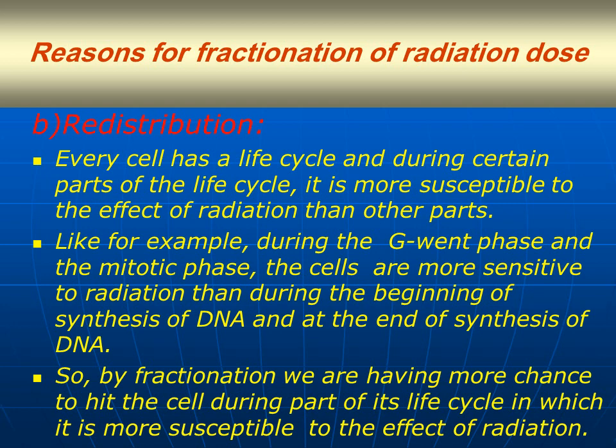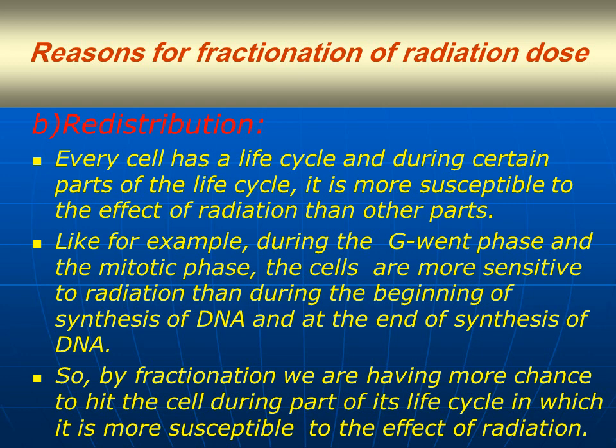The second reason is redistribution. That's to say, every cell has a life cycle, and during certain parts of the life cycle, it is more susceptible to the effect of radiation than other parts.